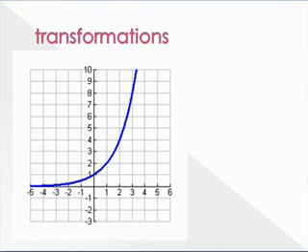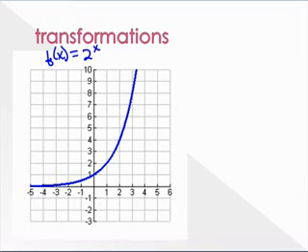Now, like I said, these graphs, we can apply those same transformations that we did to our absolute value and square function and cubic functions and square root functions. So let's just take this one here. The blue graph had the equation y is equal to 2 to the x.